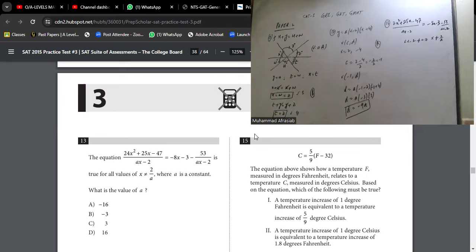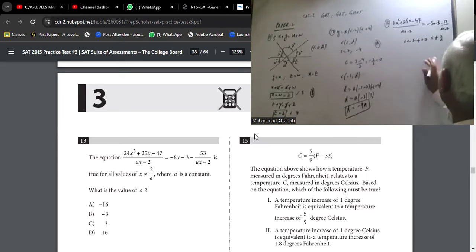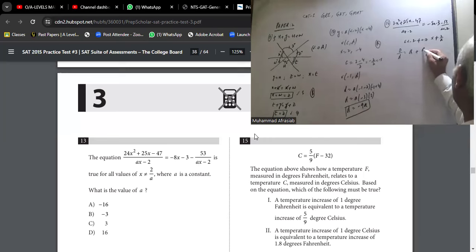So what we can use is dividend over divisor is equal to quotient plus remainder over divisor.